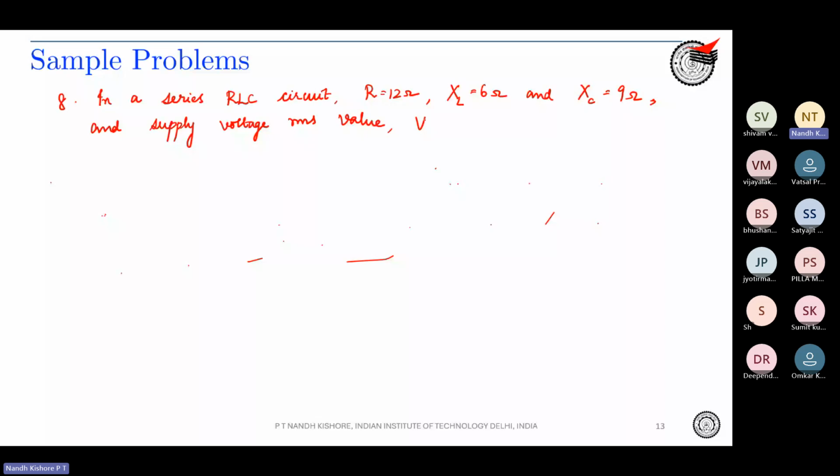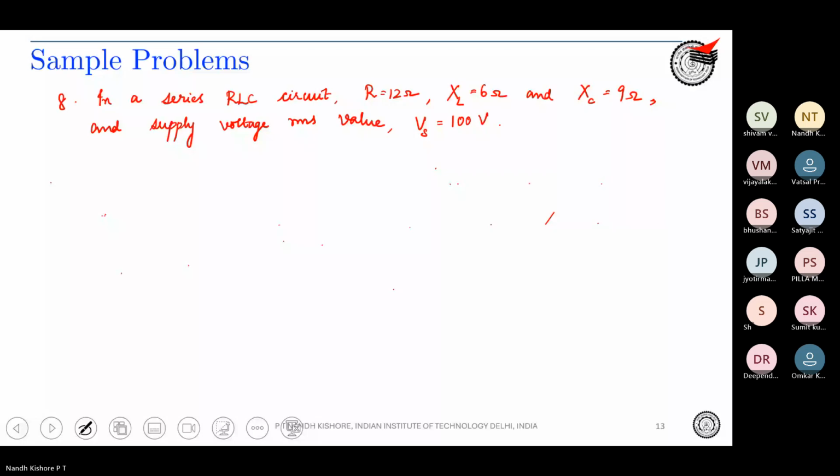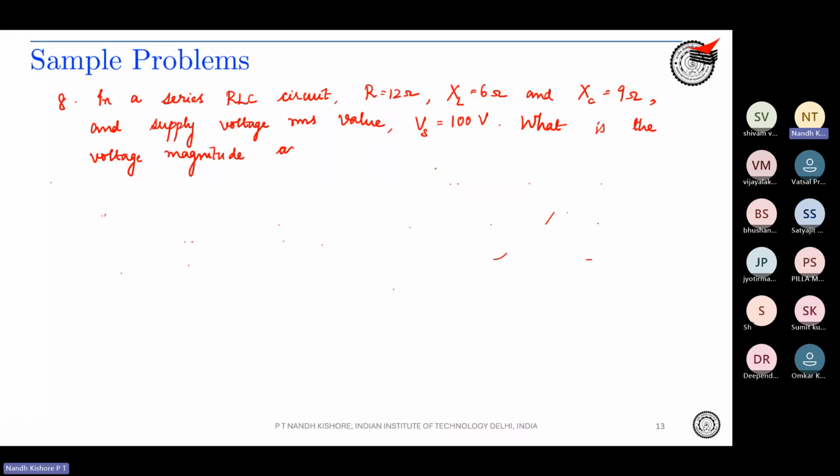So supply voltage is 100 volts RMS. What is the voltage magnitude across the capacitor, right?